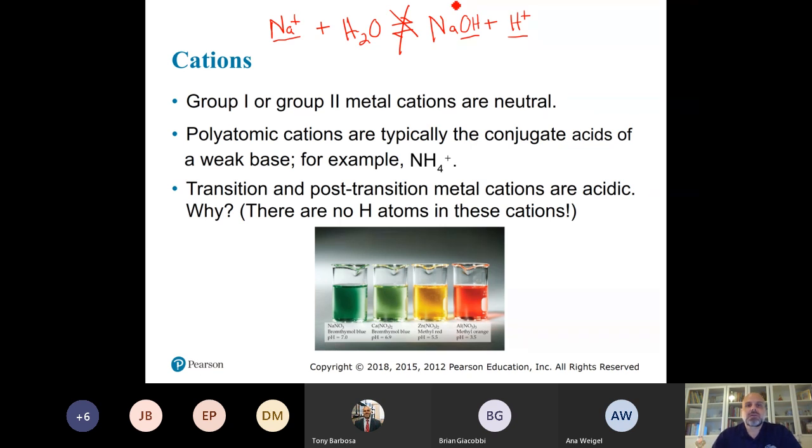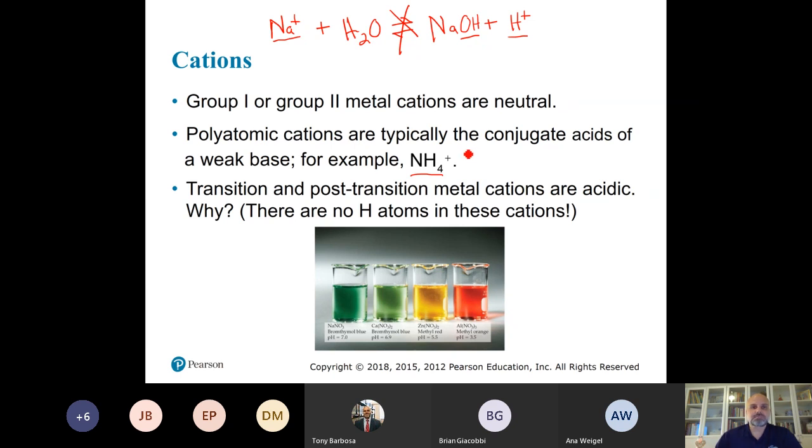Polyatomic cations are typically the conjugate acids of a weak base. So for example, ammonium ion, right? We had numerous polyatomic ions in the base category. Ammonium is the most common one we discuss for cations.